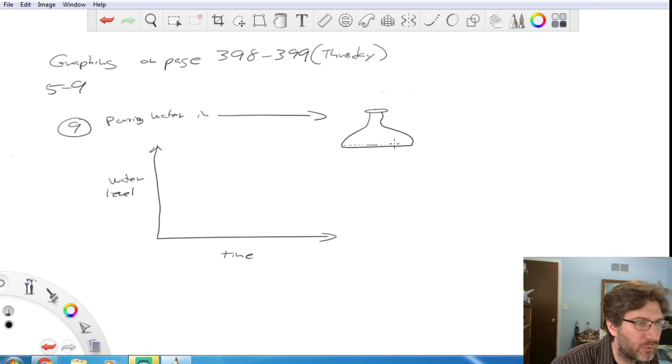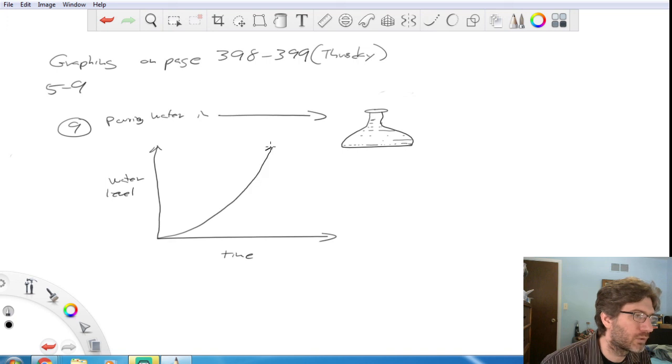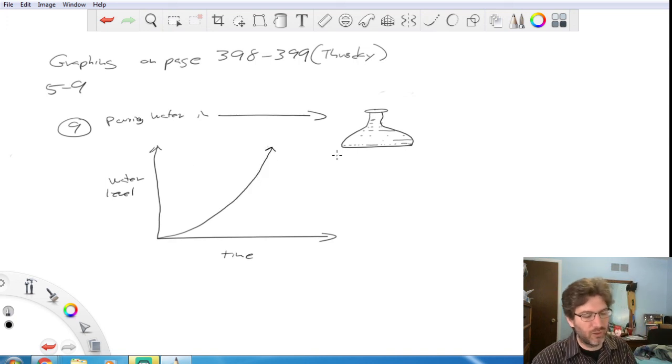It's going to want to fill up this whole bottom before it goes up. Then it's going to fill up a little bit faster after that, a little bit faster after that, a little bit faster after that. When you get here, it's going to go real fast because it's very thin there. So your graph is going to look like this probably as you go up.